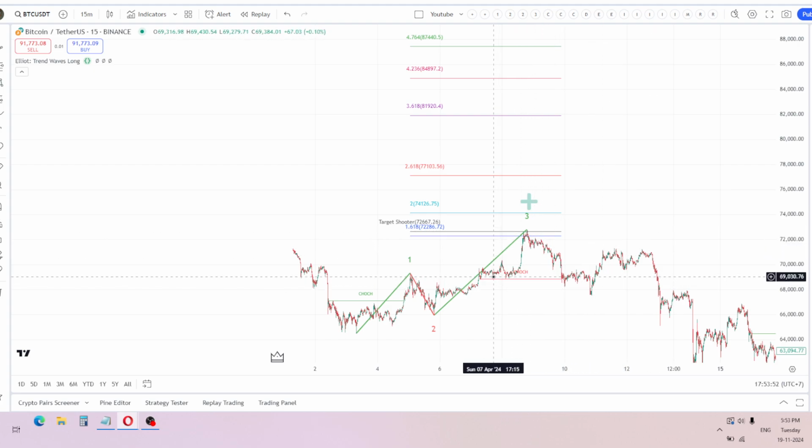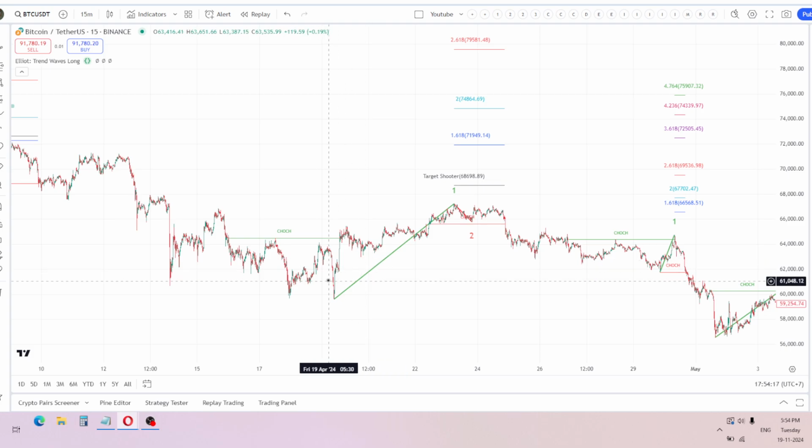For the rest we will exit by the second wave low or by this change of character line when the big trend changes. So in this example we fixed targets here and exited the rest of the position at this point.